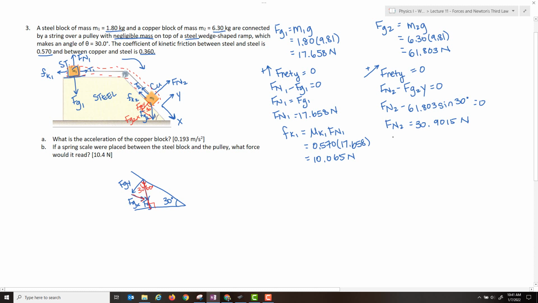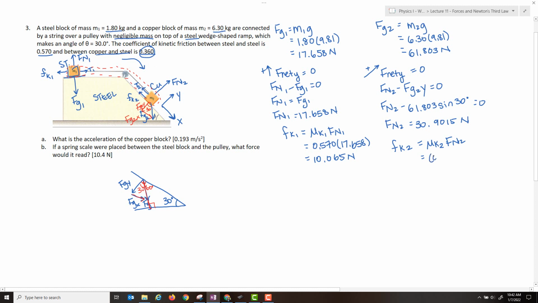All right, so now I know my normal force. And once I know my normal force, I can then figure out what my force of kinetic friction is for object 2. So my force of kinetic friction is the coefficient of kinetic friction for object 2 times the normal force for object 2. The question tells us that the coefficient of kinetic friction between copper and steel, since object 2 is made of copper and the surface below it is steel, is 0.360.